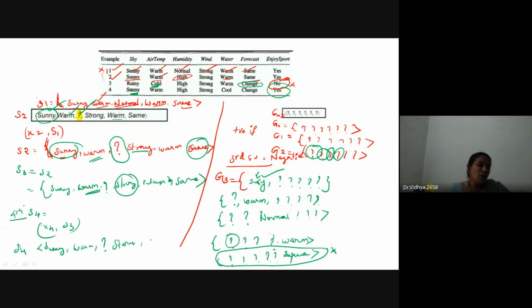Then we look at the fourth and fifth attributes. The fourth one here is given as cool in the instance, but in our hypothesis it is warm.